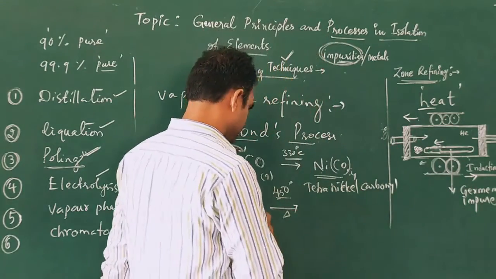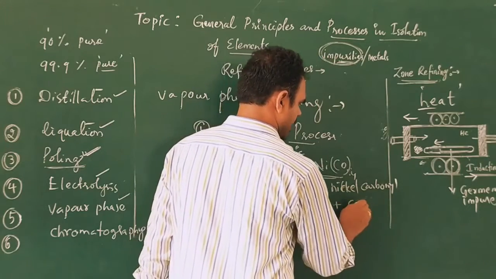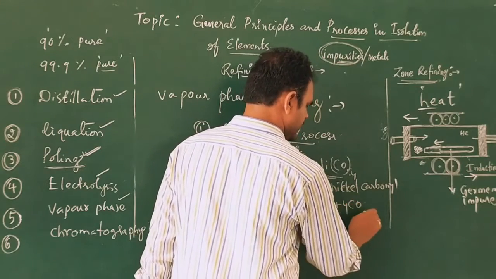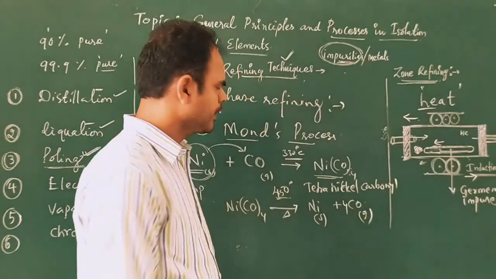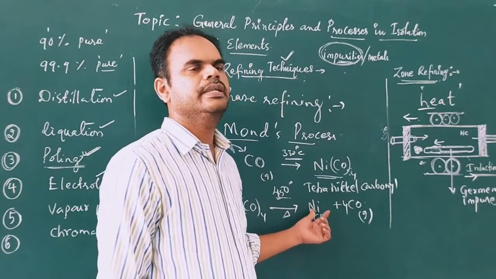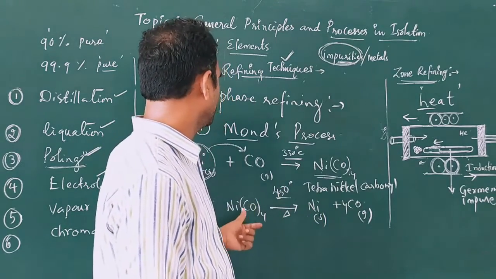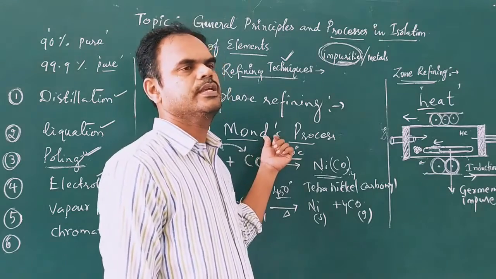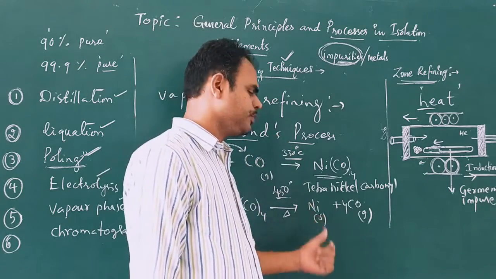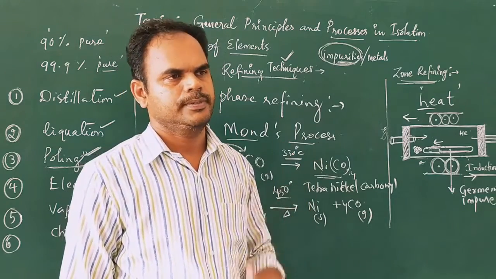When it decomposes, we get pure nickel, and carbon monoxide gas is released. Carbon monoxide gas is separated from the nickel metal, so pure nickel is obtained. This process is called Mond's process, where pure nickel can be refined.